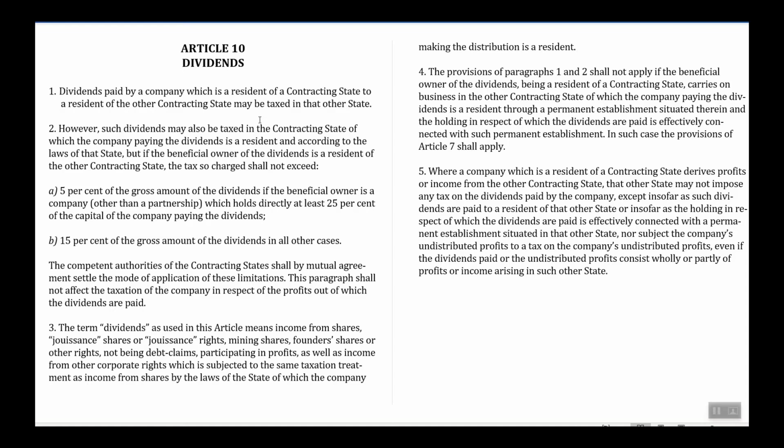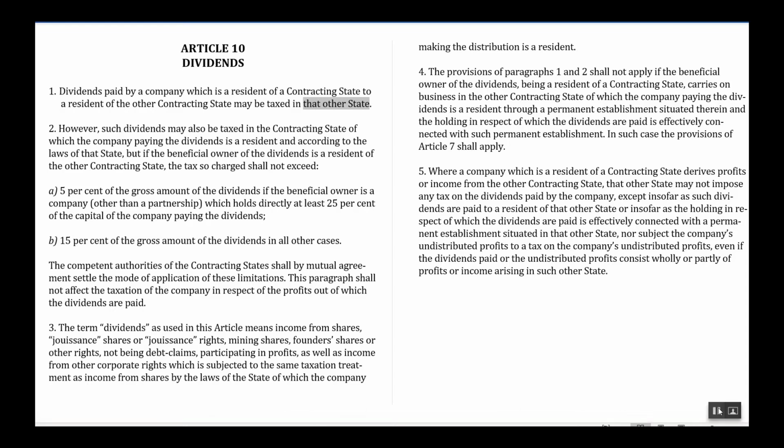That was resident in Farawaystan. So the one contracting state is evidently Farawaystan. Paid to a resident of the other contracting state, well, paid to somebody in Germany, because A was resident in Germany, we found that out, might be taxed in that other state. And what was the other state? The other state was Germany. So the result from 10.1 is evidently absolutely clear, easy. Dividend can be taxed in Germany.